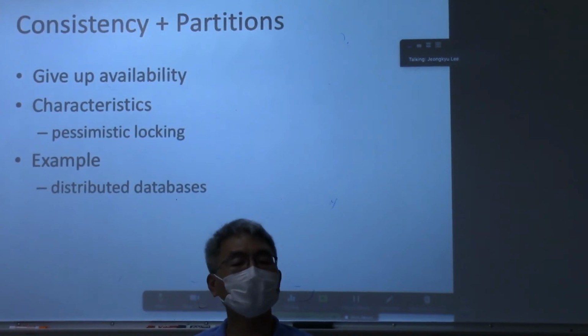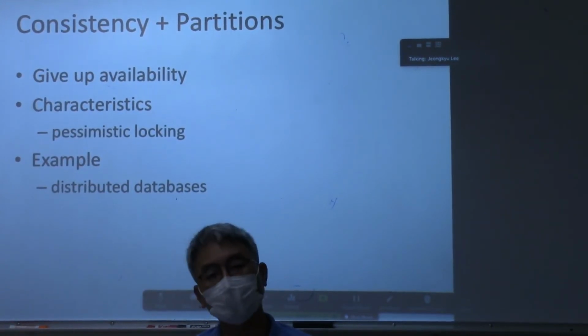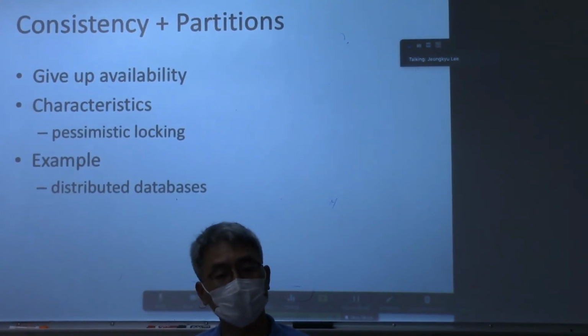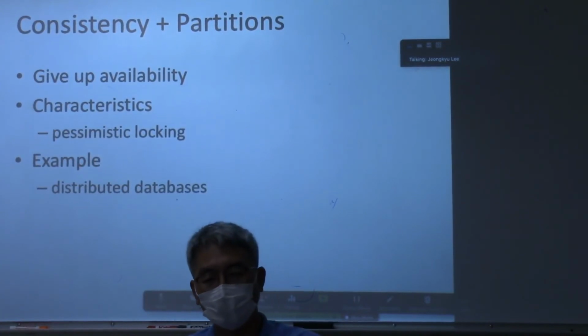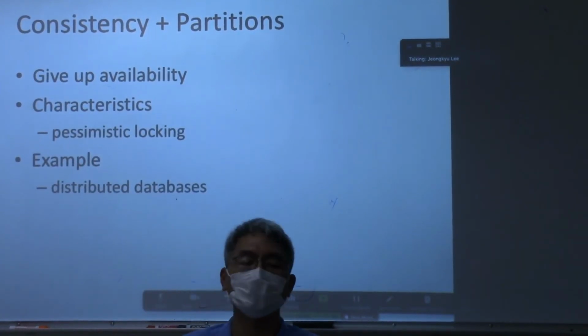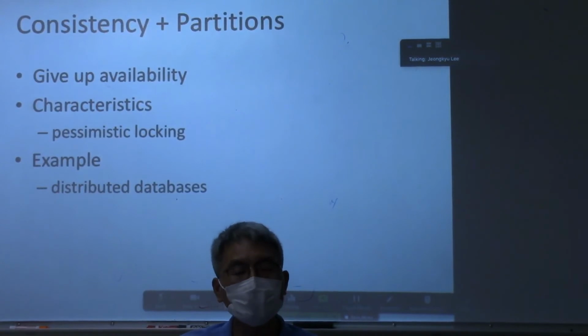Because of that characteristic, such a distributed database system needs a different data model that doesn't require a lot of consistency. So they divide the table along the different partitions, or they divide one table by column.